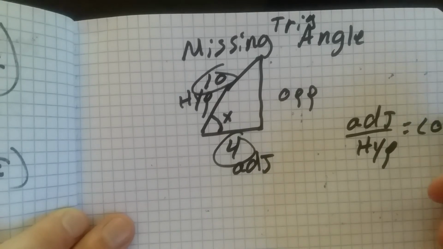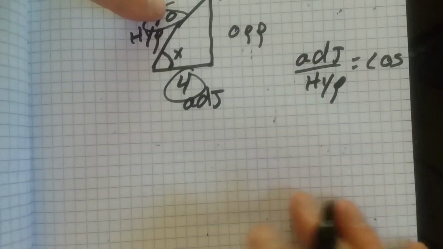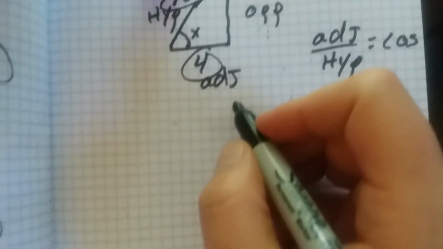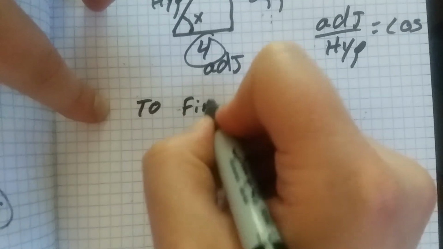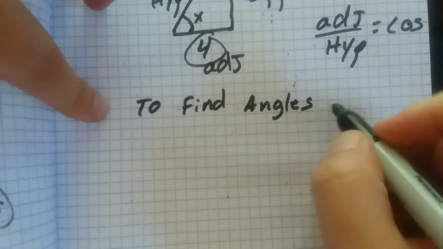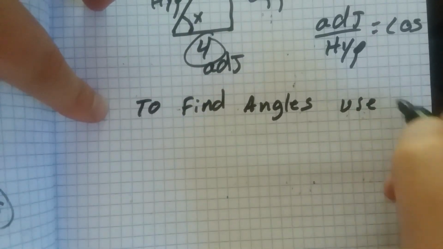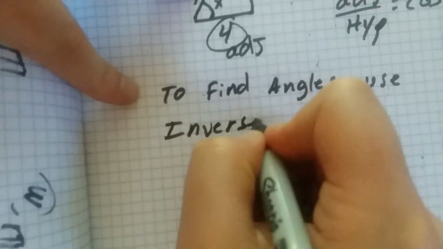AH, that's cosine. Whoops, ran off the page there, sorry. So when we're finding angles, this is probably what you forgot, use inverse trig.